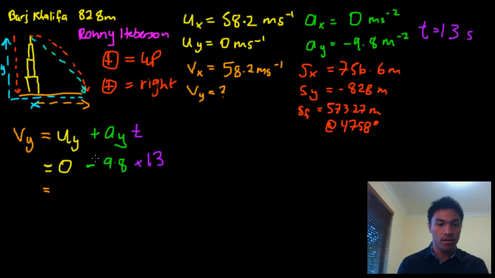It's going to be negative 127.4 meters per second. So we know that this negative is in the downwards direction. So in the y direction, at the very final, it's going to be going at 127.4 meters per second.